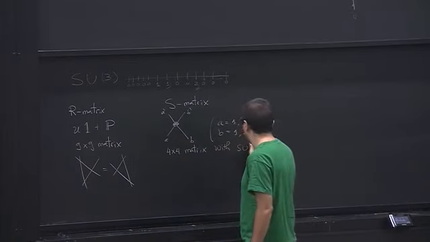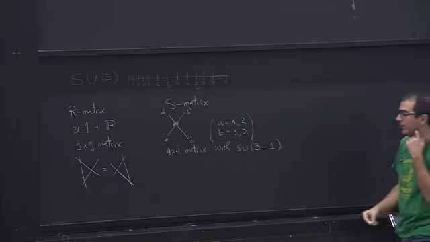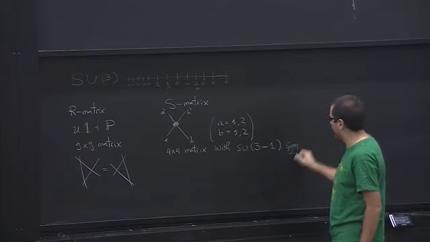With SU, let me write 2 as 3 minus 1, because you see that if it was SUN, it would be SUN minus 1. With SU 3 minus 1 symmetry.